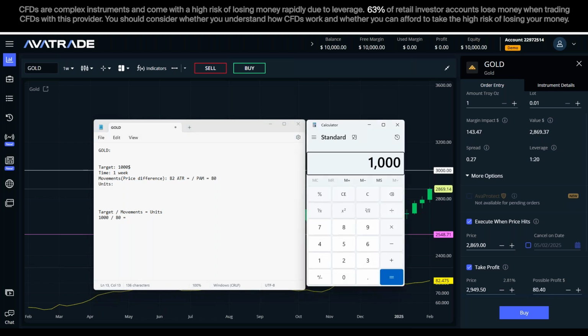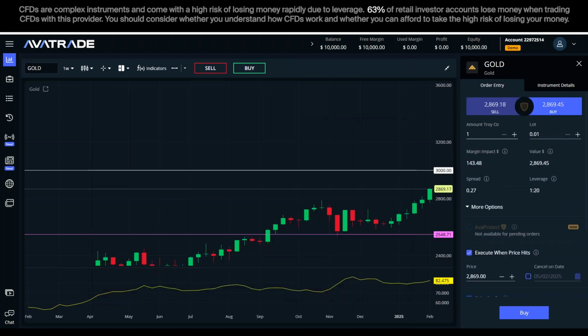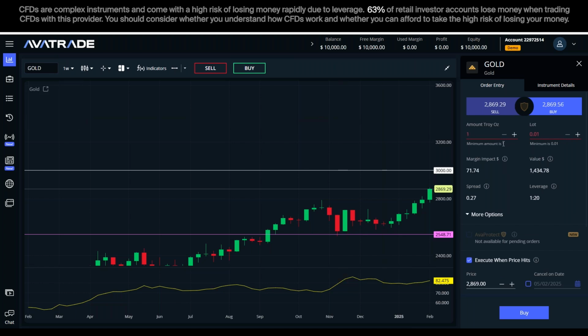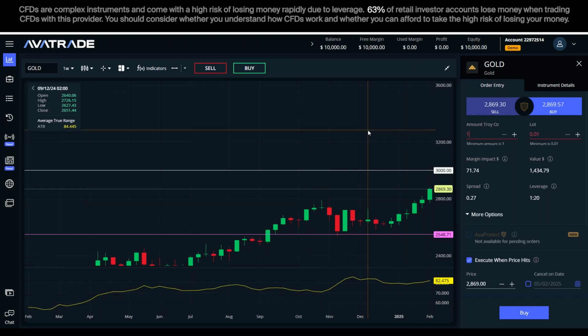Let's look at it together. 12 and a half. Great. Now, unfortunately, I can't take half of an ounce. It's not doable. The minimum is 1, right? So I gotta choose if I'm rounding it up or down. So 12 and a half, we can either make it 12 or 13. So let's make it 12.